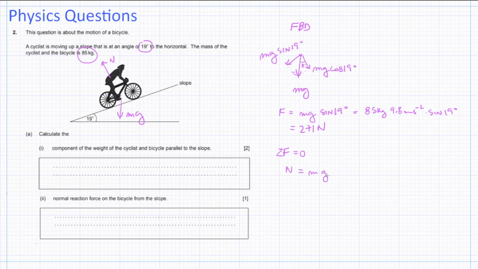So it will be mg cosine of 19. The forces will have to be in balance in this direction here, which is perpendicular to the slope. So if we calculate 85 kilograms times 9.8 times cosine of 19.